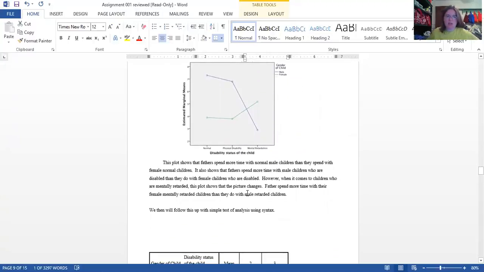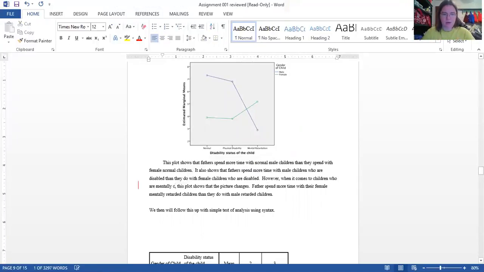So the plot shows that the fathers spend more time with the normal male children than they spend with the normal female children. It also shows that the fathers spend more time with the male children who are disabled than they do with the female children who are disabled. However, when it comes to the children who are mentally challenged, right? This plot shows that the picture changes.